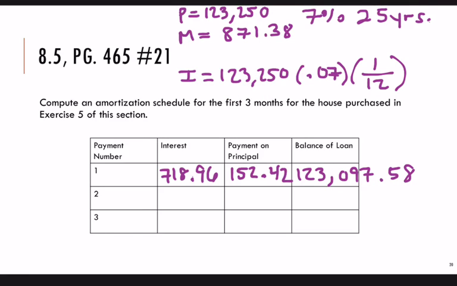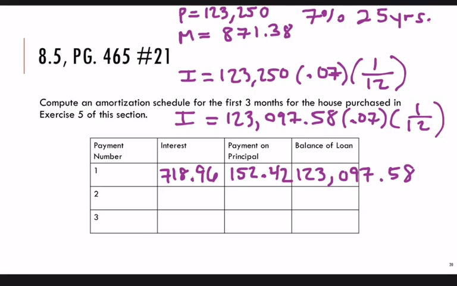Alright, so for month 2, the interest is going to be the new balance, still times 0.07 and still divided by 12. Alright, and then that second interest amount is $718.07. Okay, subtract that from the monthly payment, the $871 number, and that gives you $153.31.